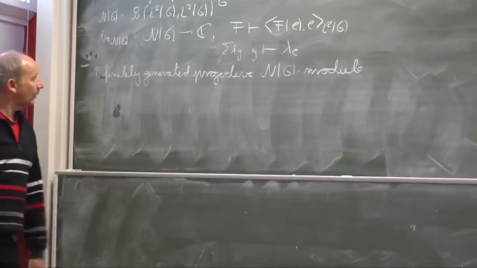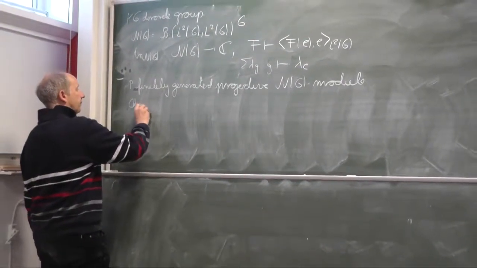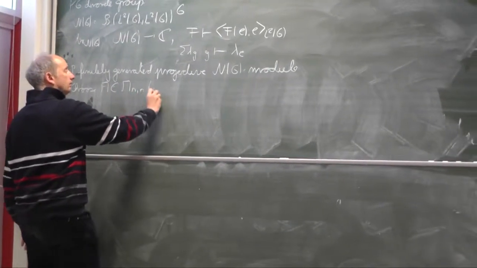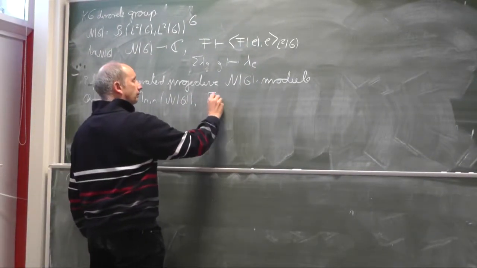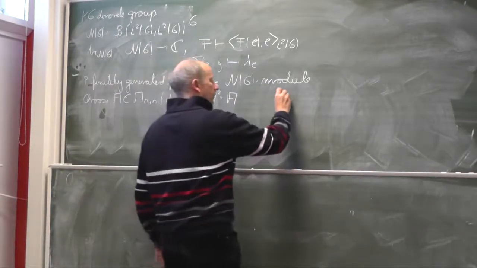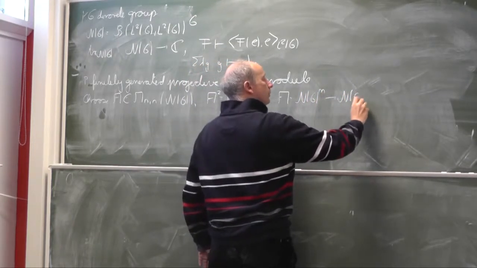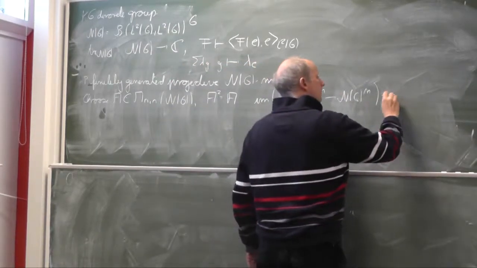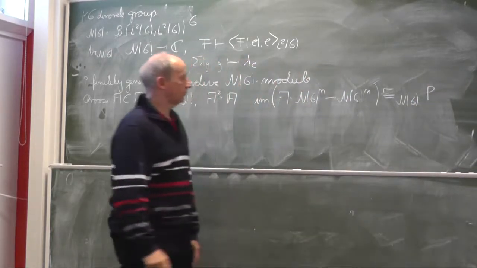It means it's a direct summand in a free module, which is finitely generated, so I can choose a matrix over the von Neumann algebra which is idempotent. And the endomorphism of the free module N(G)^n to itself given by this matrix has an image, and this should be just as modules over the von Neumann algebra a projective module.